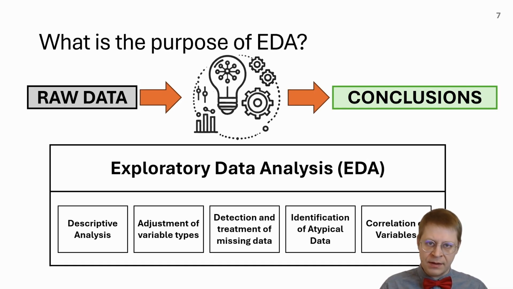EDA serves as the bridge between raw unstructured data and actionable conclusions. By performing descriptive analysis, adjusting variable types, treating missing data, and identifying outliers, you create a clear picture of your dataset.